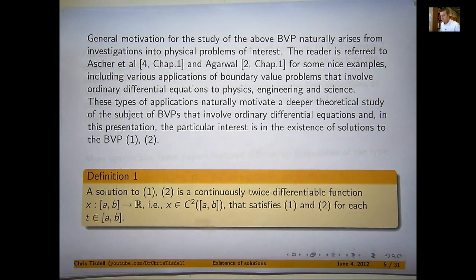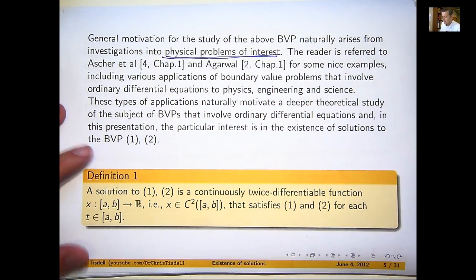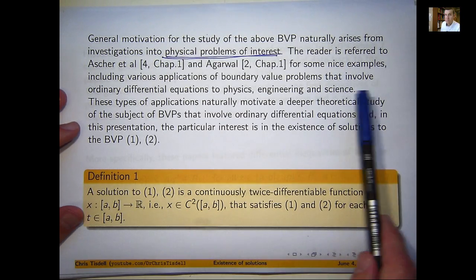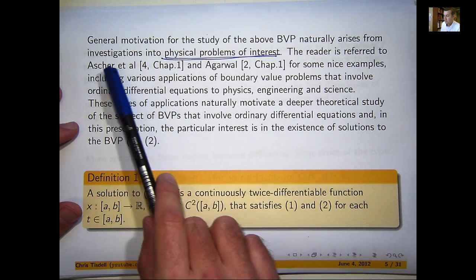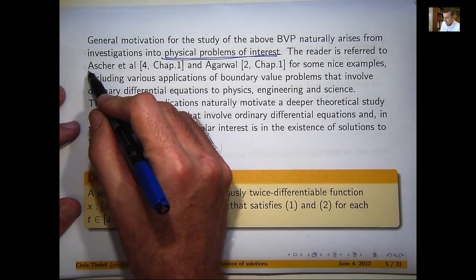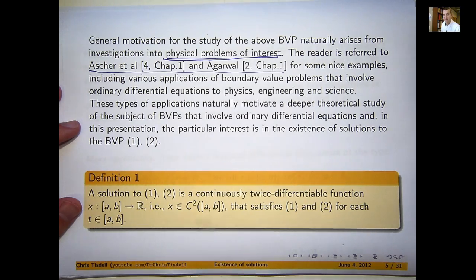Well, part of the general motivation of the study of boundary value problems and differential equations lie in the applications. Okay, we know that differential equations are very useful in modelling dynamical phenomena around us, and you can find some really nice examples of how differential equations can be used to mathematically describe lots and lots of different processes in these two books. Now, I'll show you these references at the end of the presentation.